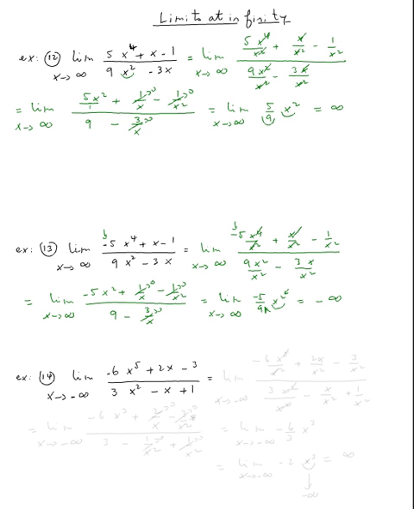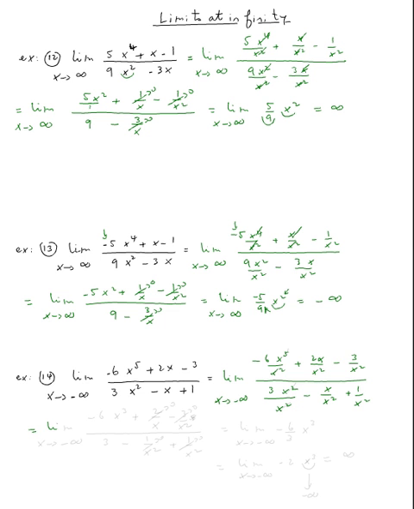So here we go. This is equal to the limit, divide by x squared, so minus 6x⁵ over x squared plus 2x over x squared minus 3 over x squared, over 3x squared over x squared minus x over x squared plus 1 over x squared, as x approaches negative infinity.